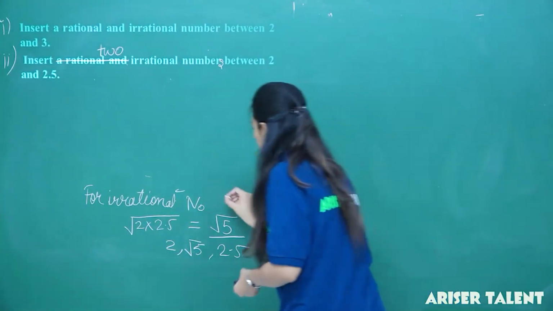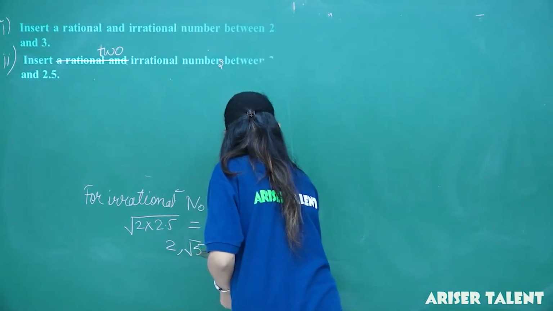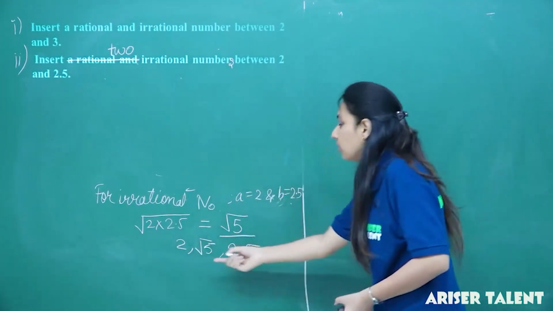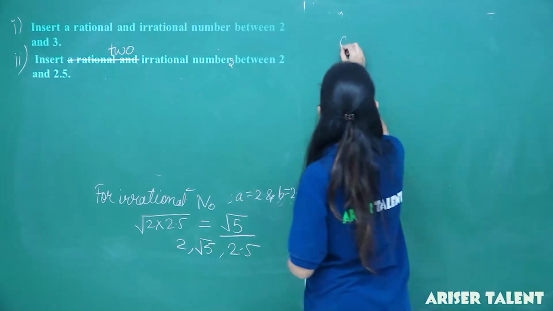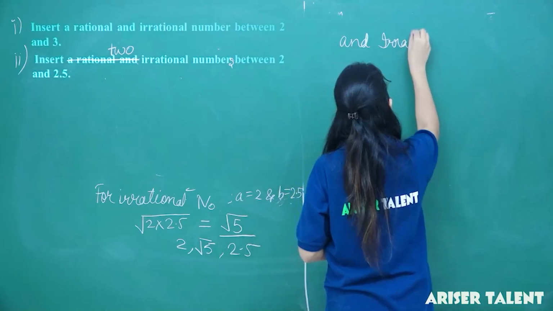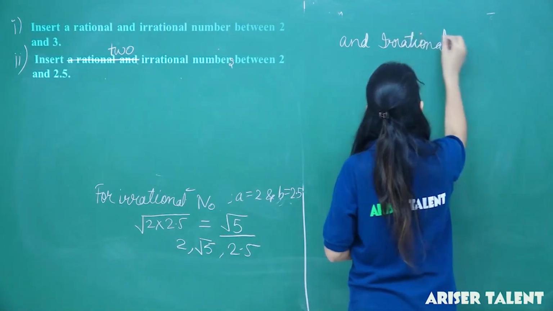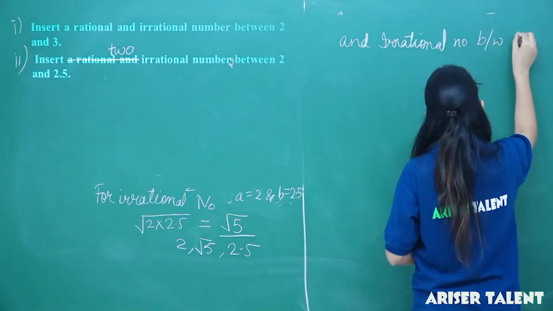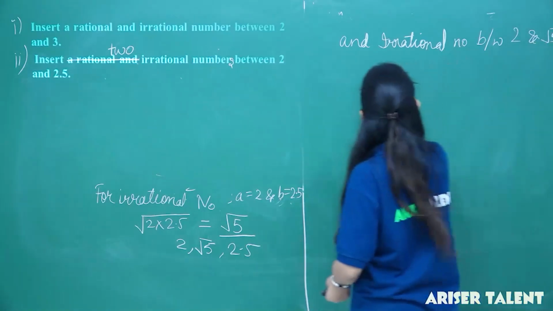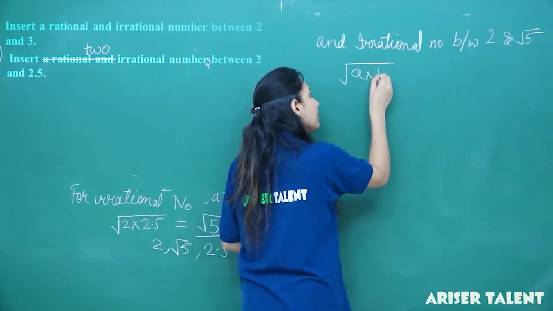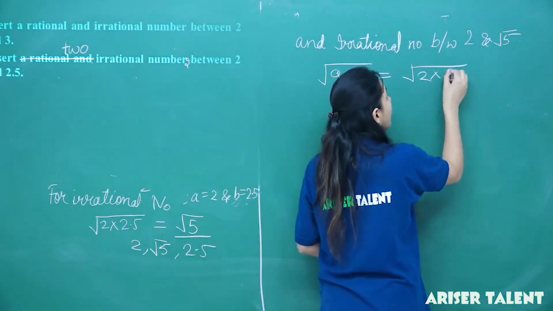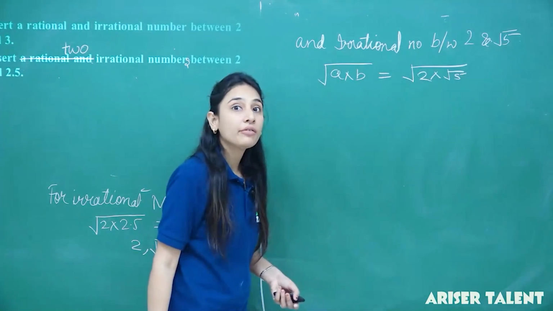For irrational numbers, a equals 2 and b equals 2.5. So this is the set. Now the irrational number between 2 and root 5 is what? Root of AB, that will become root 2 multiplied by 5.